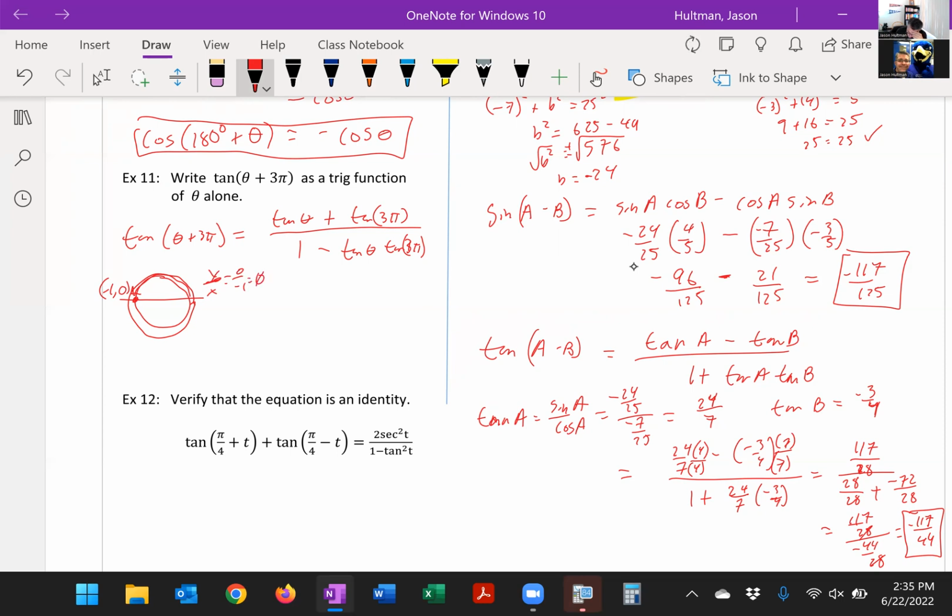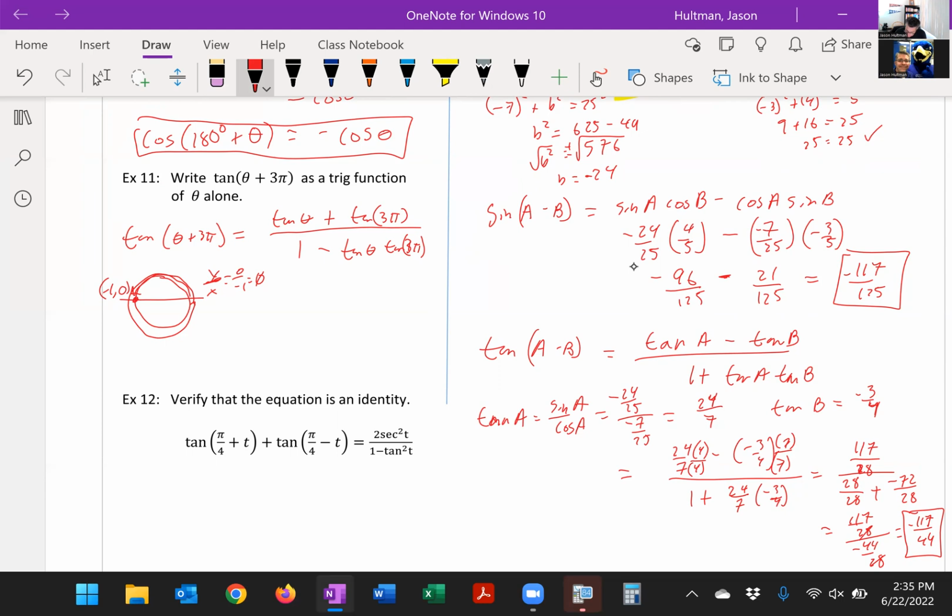So the tangent of 3 pi is 0. I could have also done 180 plus 360, which is 540. If I plug that in my calculator, tangent of 540 gives me 0, and it does. So I can verify it on the calculator as well, using either radians or degrees.